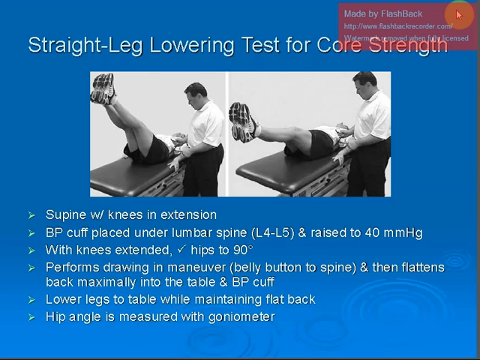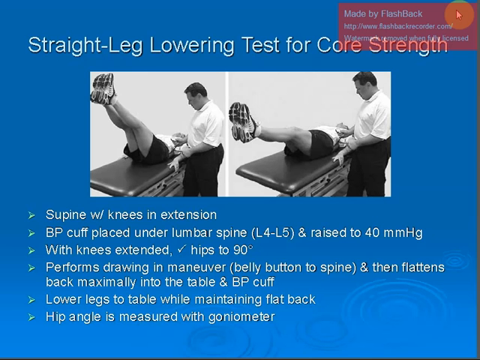The patient is in supine with the knees in extension. A BP cuff is placed under the lumbar spine, mainly under L4, L5, and raised to 40 mm mercury. With knees extended, we ask the patient to take the hips to 90 degrees. The patient performs the drawing in maneuver, that is drawing of the belly button to the spine.